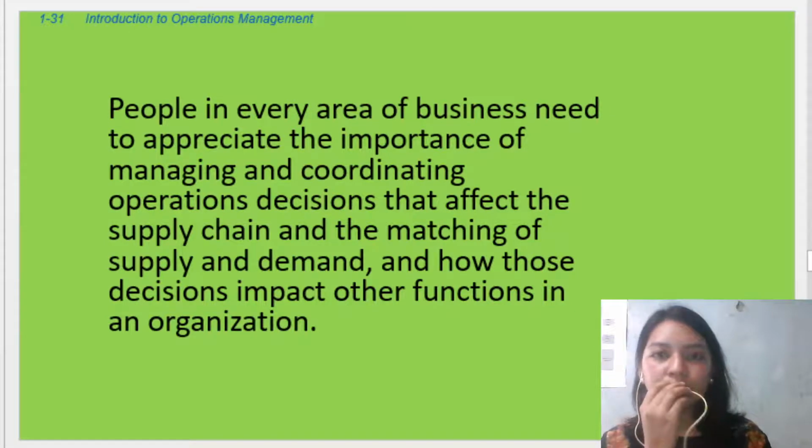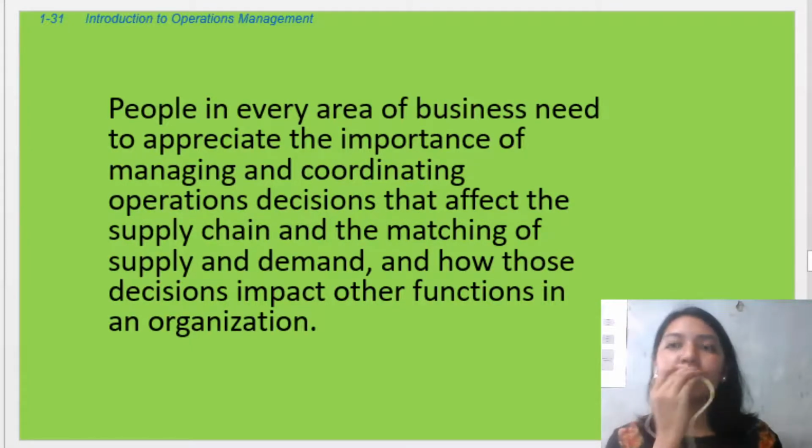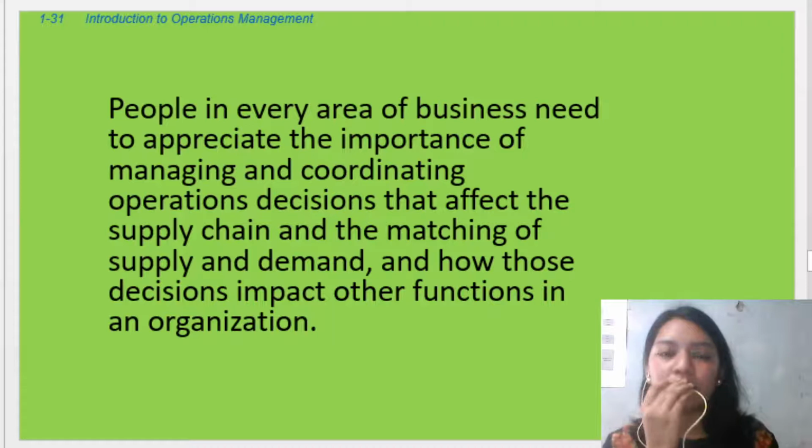It's important that this is managed, coordinated, and facilitated well so that there will be no problems that will arise at the end of the customers and on the business.